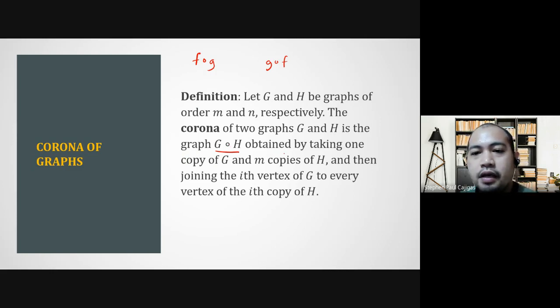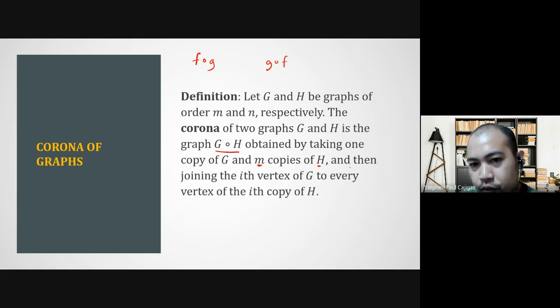So what we do here is we take one copy of G, tapos M kabuok na copies of H. Again, iton M din hi, kung pira kabuok ka ni iton vertices iton G, mag-replicate kita kan H M times. So kung pananglitan, 5 iton vertices ni G, iton aton graph H, aton hiya kukupyahon, maghihimo kitahin Xerox niya 5 times.